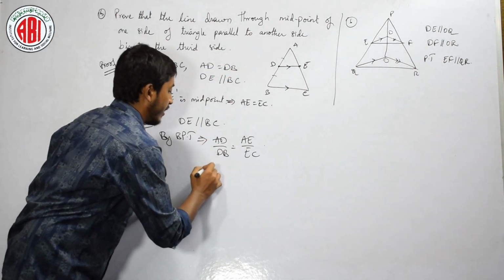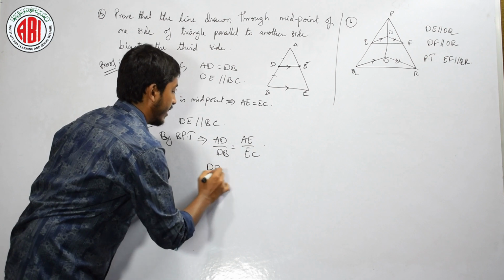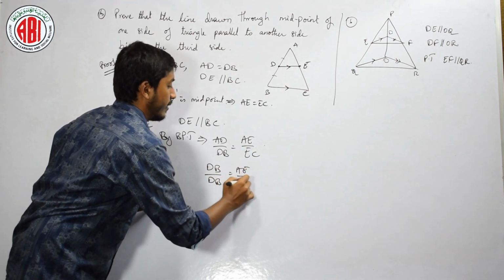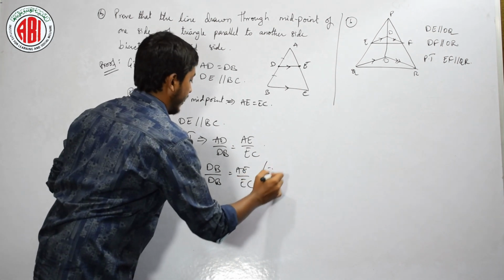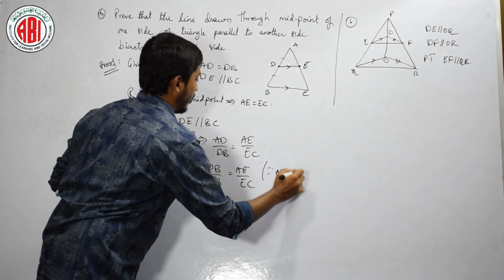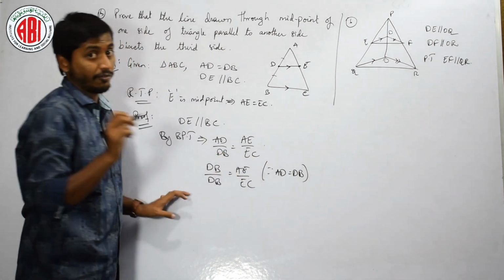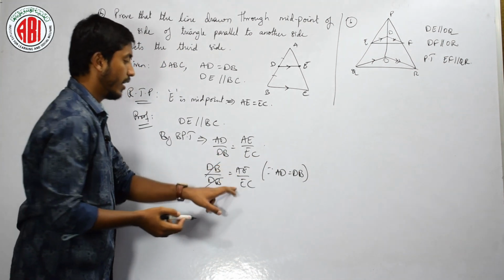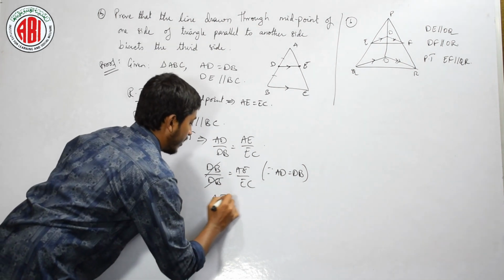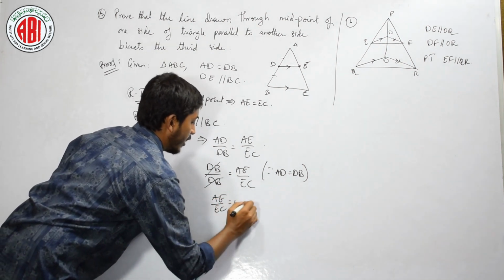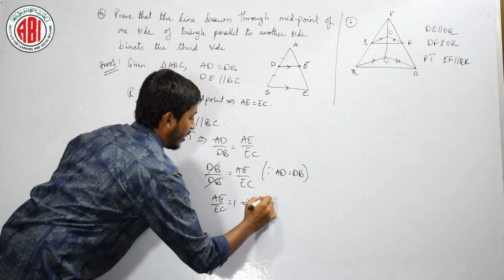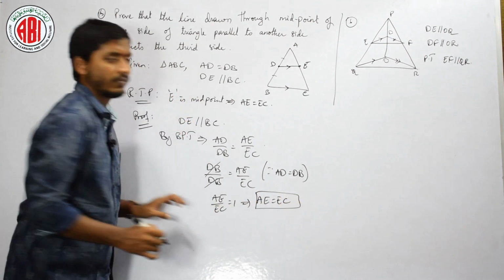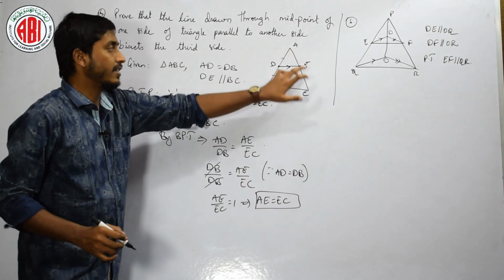Let us write, instead of AD, let us write it as DB. Yes or no? Why? Since AD is equal to DB, which is given, you have to write the reason. These both get cancelled. Therefore, AE by EC is equal to 1. If I cross multiply, it will become AE is equal to EC. Yes or no? AE is equal to EC.